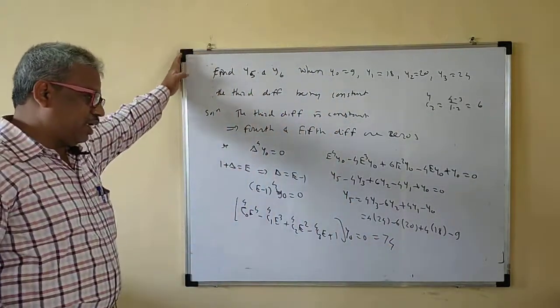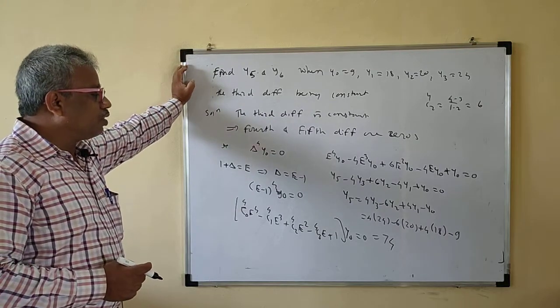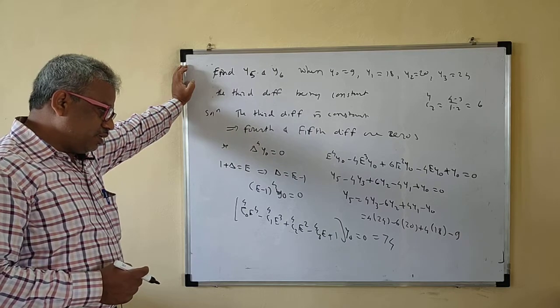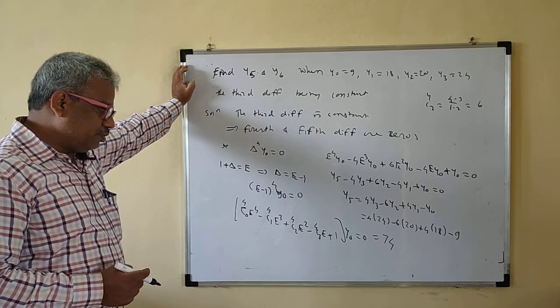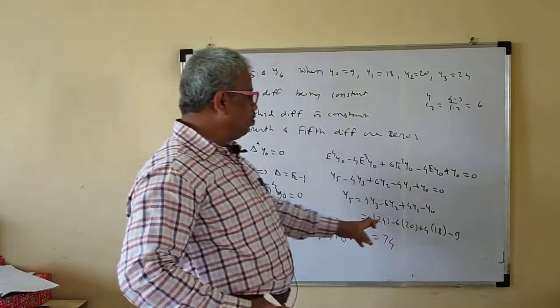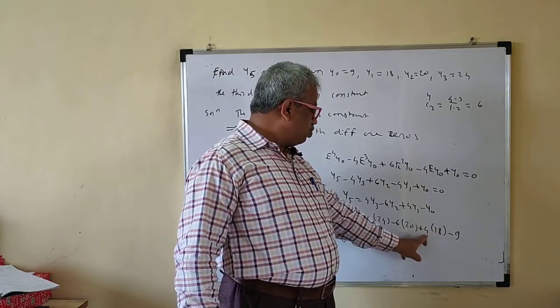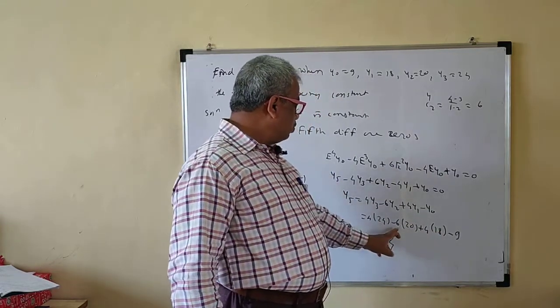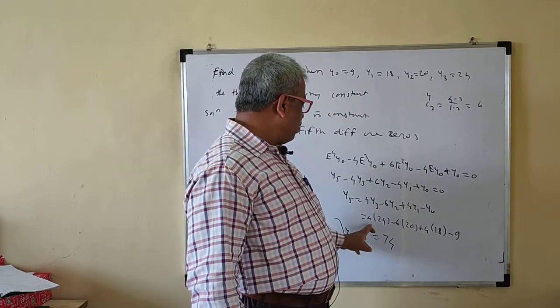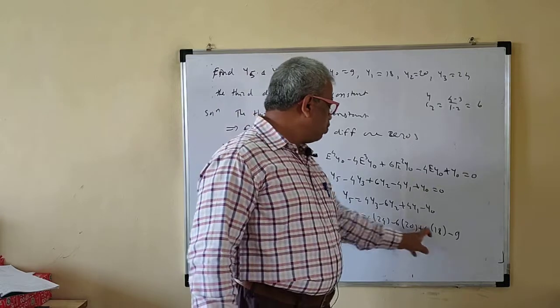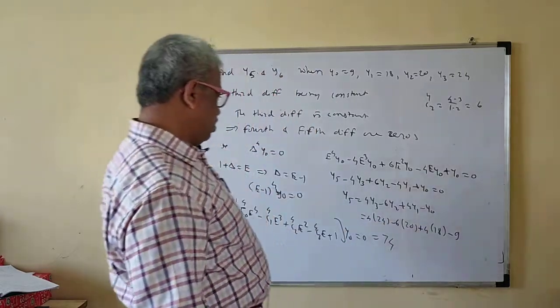Check whether it is correct or not. Easily you can check this one. Here 4 into 18 is 72. Or you may take 4 common here.